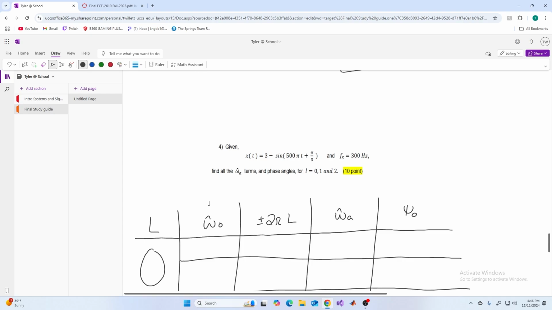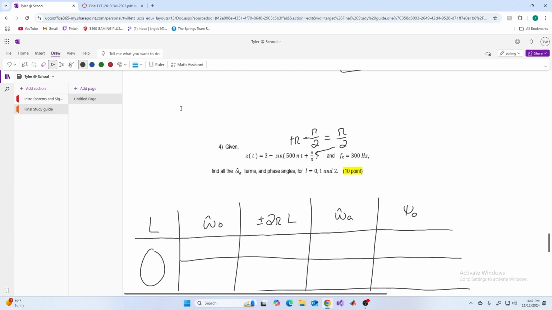Well, we have a negative sine. We need to convert that into a positive cosine. To do that, we need to add pi and subtract negative pi over 2. So in reality, I'm just adding a pi over 2 to our phase right there.